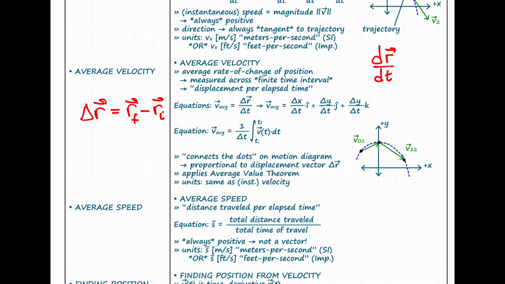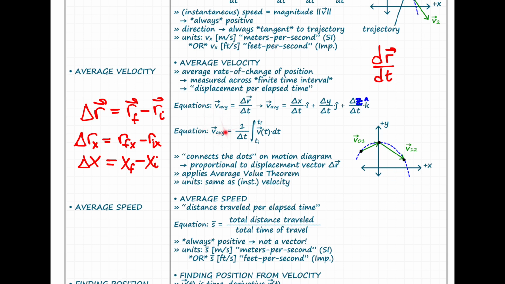So the x component of delta r would be the x component of r final minus the x component of r initial. But really that just means the displacement in the x direction would be the final x coordinate minus the initial x coordinate, which is the definition of displacement that we saw before. We just have a displacement in the x direction and in the y direction and potentially in the z direction all at the same time.